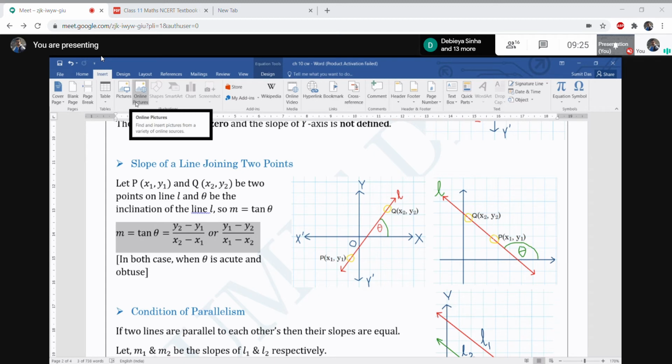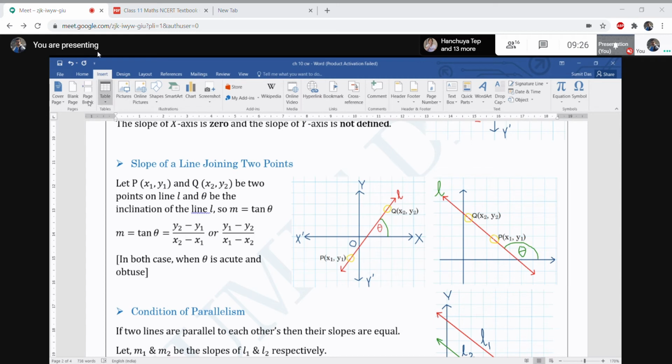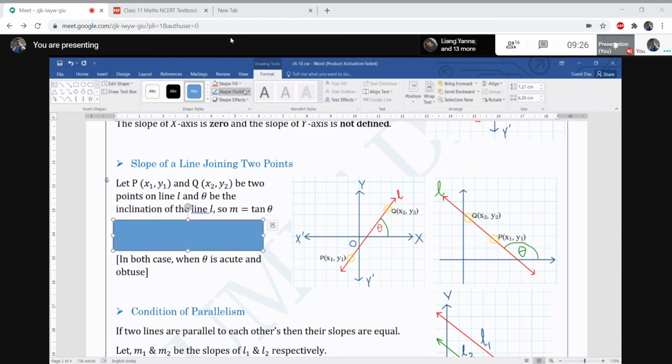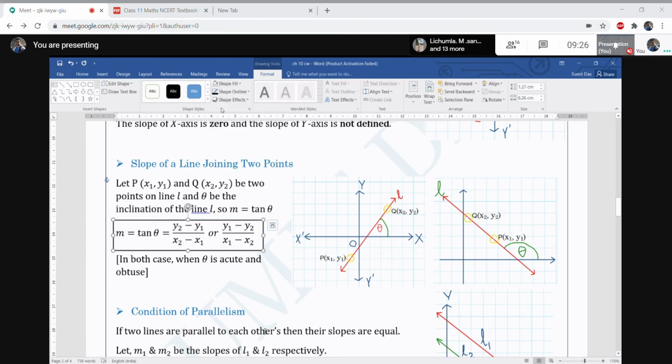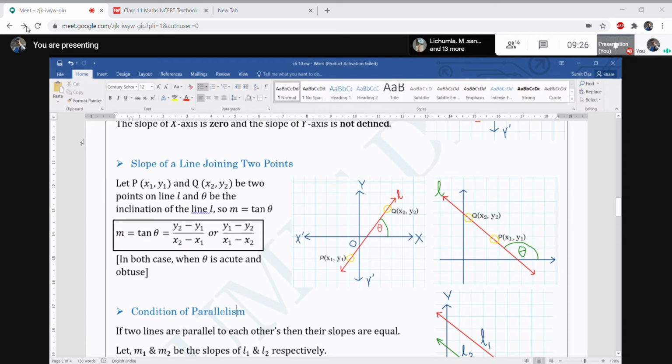Tan theta equals y2 minus y1, or y1 minus y2, anything you can. This is a very, very important formula.